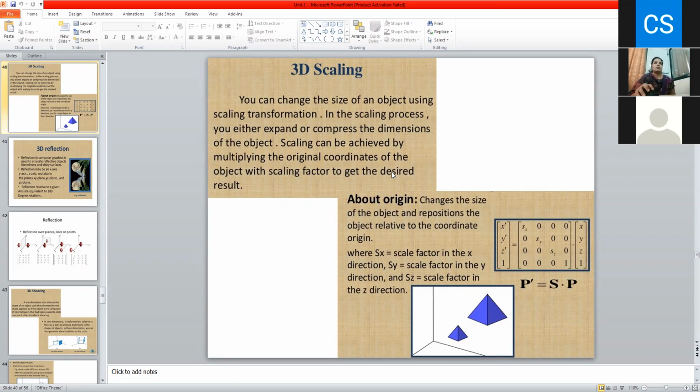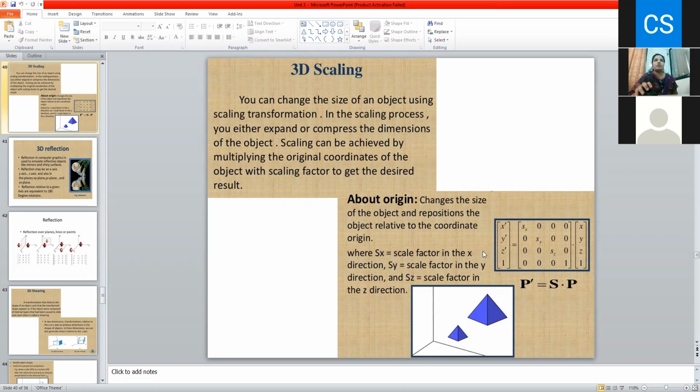As with 2D scaling, 3D scaling is also of two types. Either we can get the expansion or we can get the compression. If the scaling factors Sx, Sy, and Sz are greater than 1, then expansion takes place. If less than 1, then compression takes place. If these three factors are equal, then it is called uniform scaling.